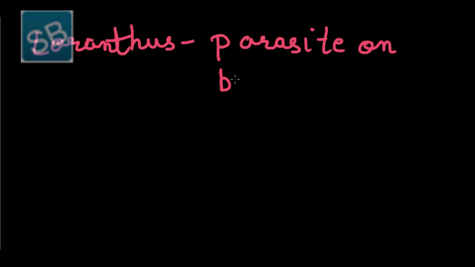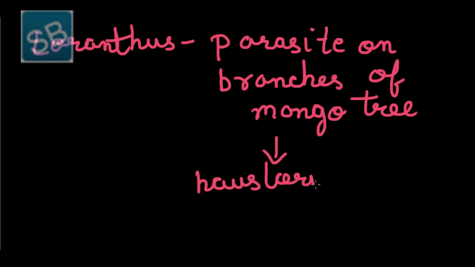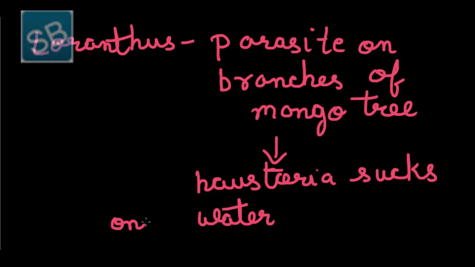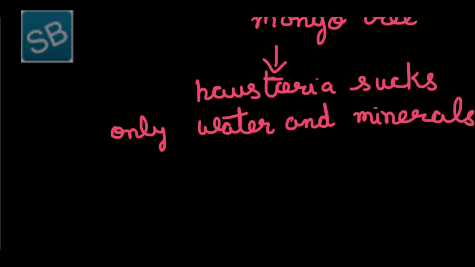Another example is Loranthus. It is a parasite that grows on the branches of a mango tree. Its haustoria suck only water and minerals from the host plant.